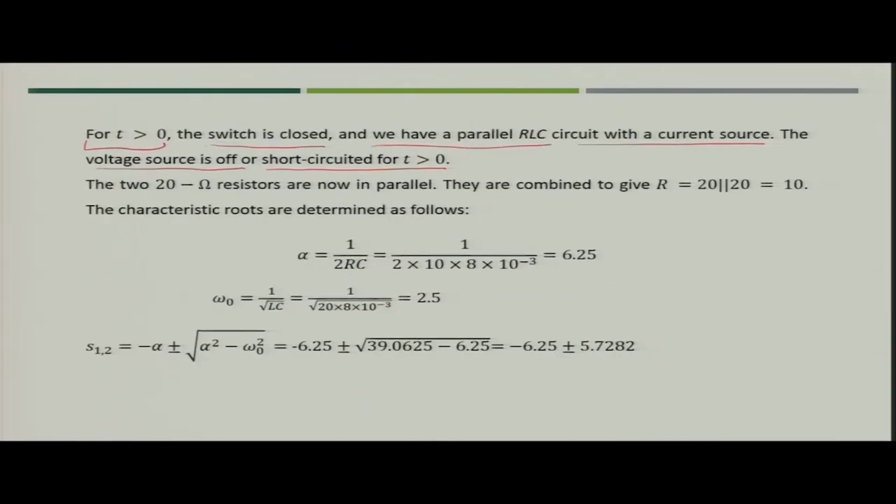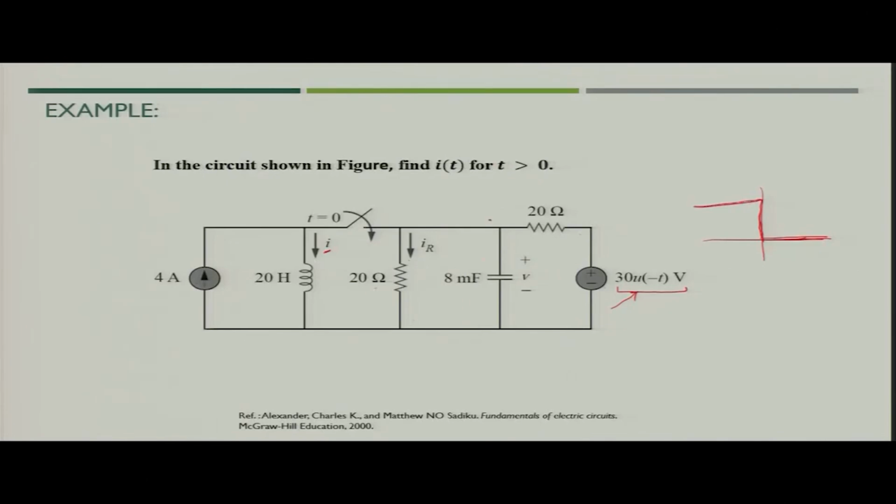So, we can say that the effective R across the circuit will be 10 ohm because the 20 ohm and 20 ohm are in parallel now. This will be short circuited. So, now we have a case of a parallel RLC circuit. We have an inductor, we have a capacitor, and we have an equivalent resistance of 10 ohm which is again in parallel.